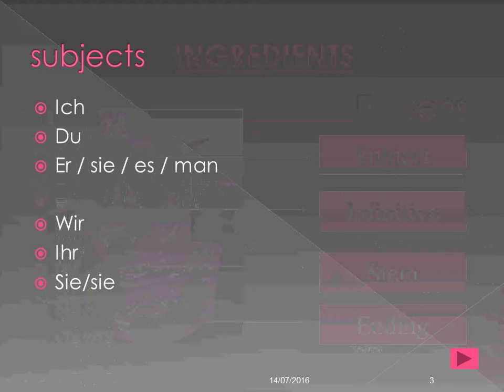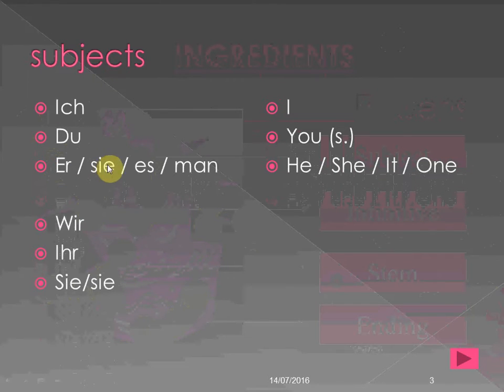So, ich means I, du means you singular, so just one person, you as an individual. Er means he, sie means she, es is it, and man means one, or the royal we as it stands.